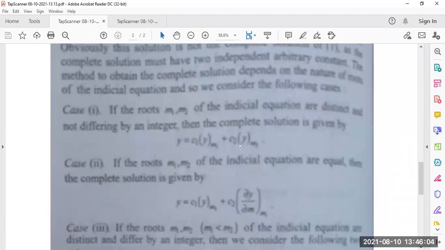Here c1 and c2 are both arbitrary constants. Why are two arbitrary constants given here? Because our Bessel's equation is a second order ordinary differential equation, starting from d2y dx2, dy dx and y. As it is a second order equation, after solving it we get two parts, c1 and c2. These are the two arbitrary constants taken here.